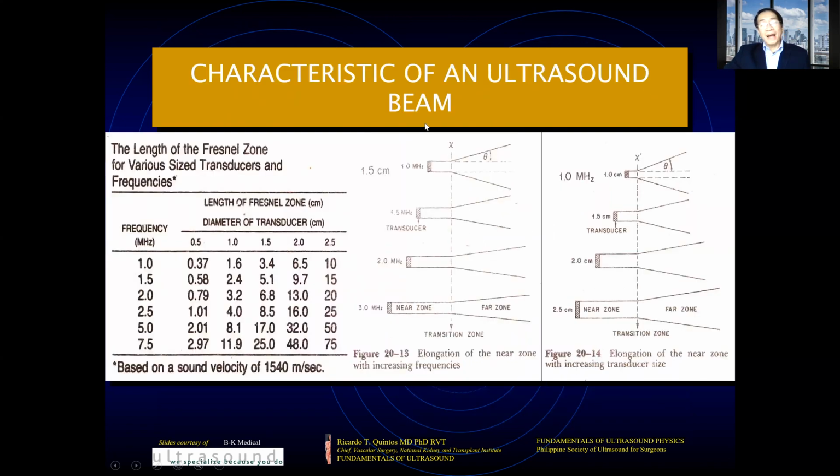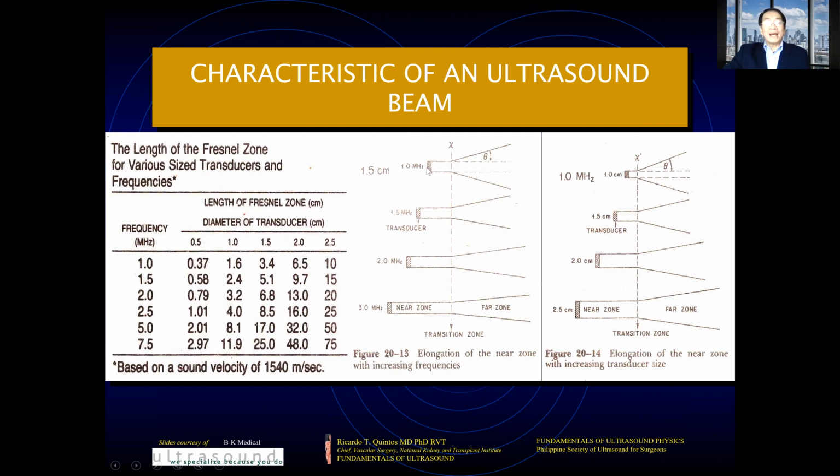Now, what can affect the focal point? And so what can we do to improve the focal point of the ultrasound beam? The length of the Fresnel zone or the length of the near zone can be affected by the size of the transducer. And it can also be affected by the frequency of the vibration.